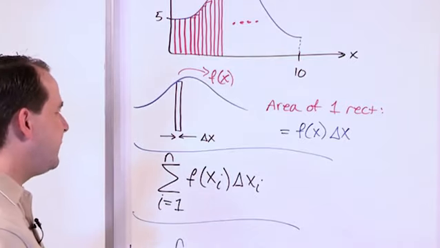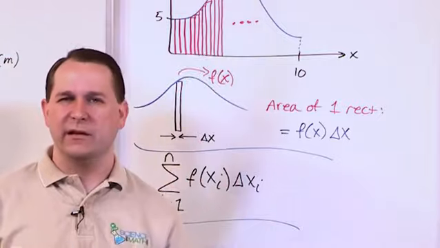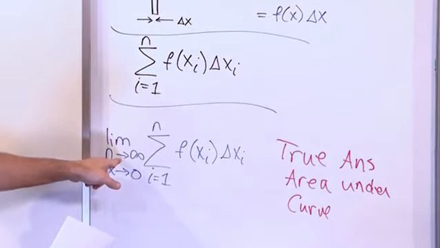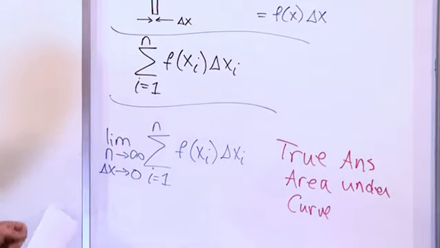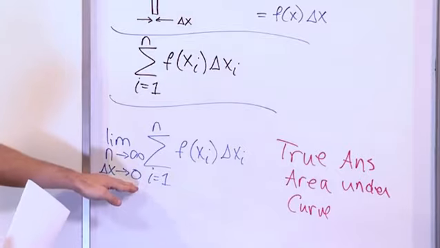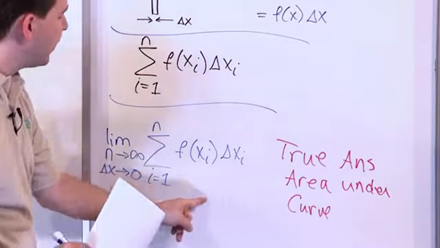But it's not quite right, because anytime you make these rectangles a finite width, there's always going to be a little dead space at the top. So then we take the limit of the number of rectangles approaching infinity. So we have an infinite number of rectangles under the curve. And also at the same time, we shrink the width of these rectangles to 0. We're still summing over exactly the same thing.